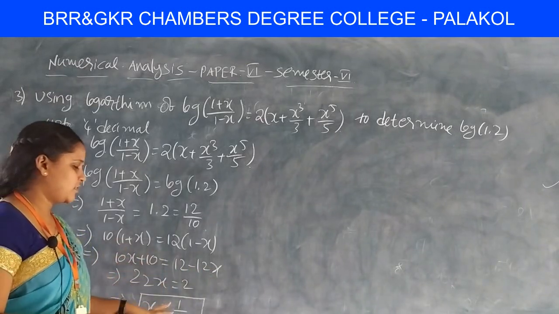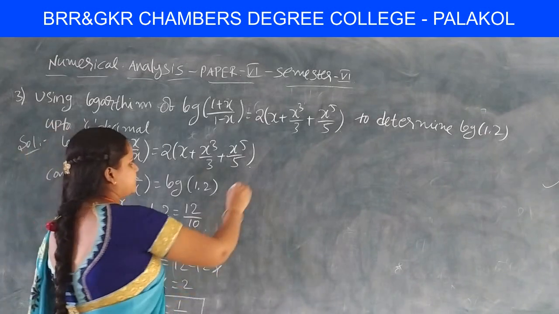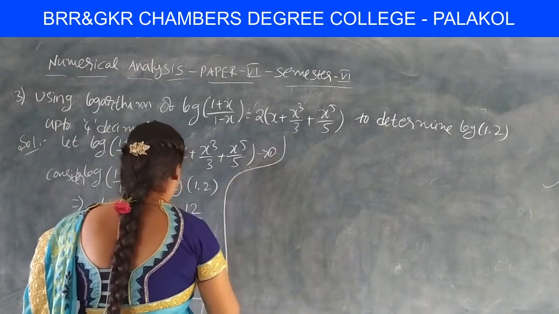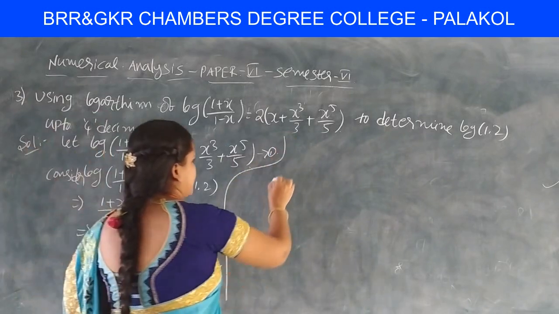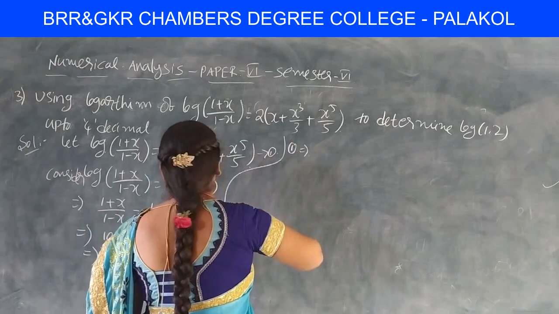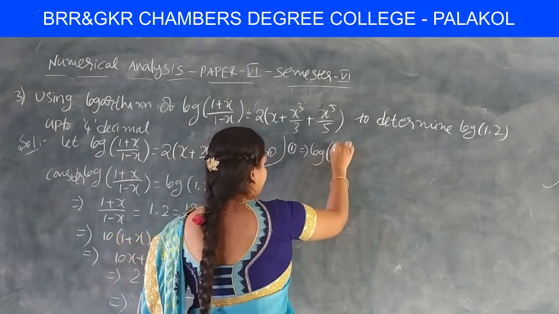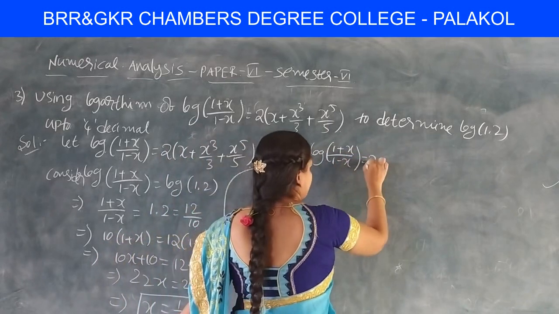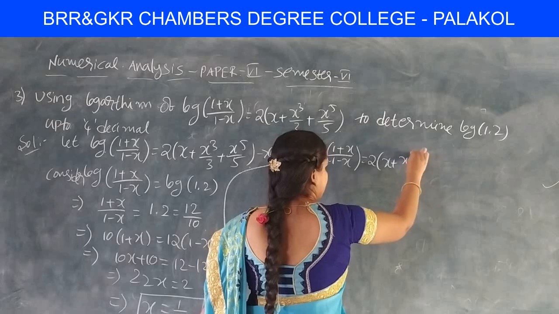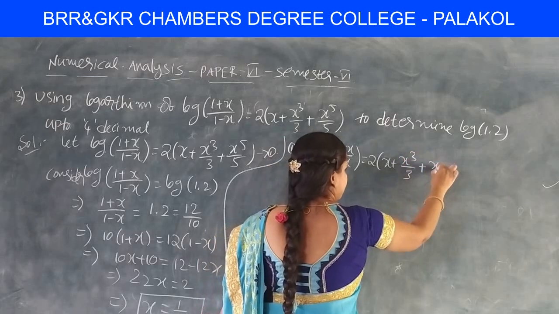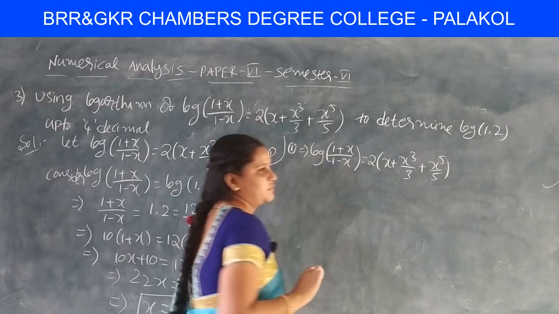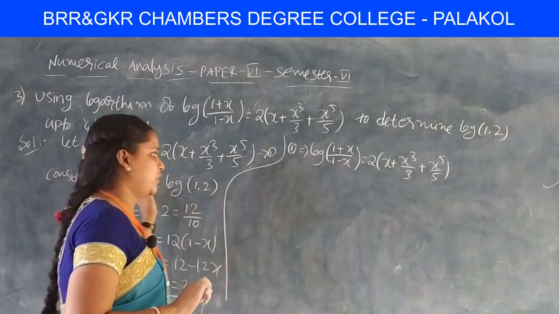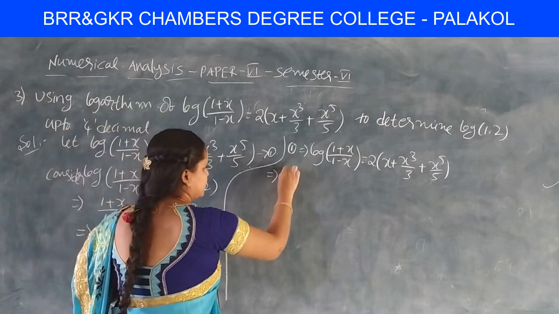Now simplify, the x value is 1 by 11. From equation 1, log (1 plus x) by (1 minus x) is equal to 2 into x plus x cube by 3 plus x power 5 by 5, and also log (1 plus x) by (1 minus x) is equal to the logarithm of 1.2.